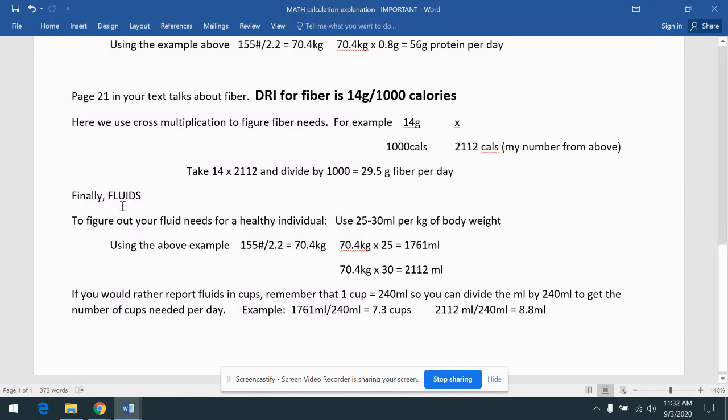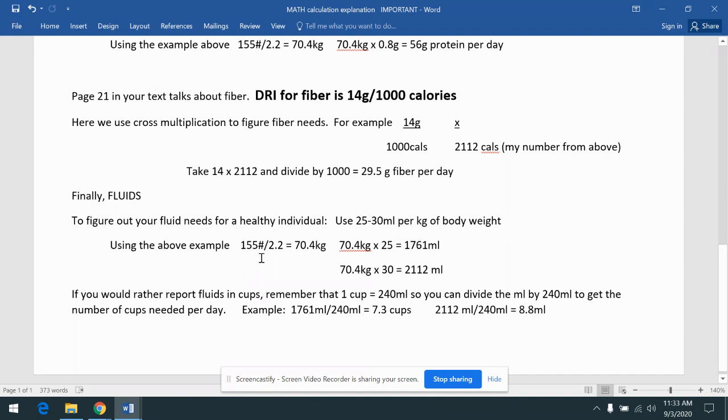The last thing we're going to do is figure out fluid needs. Now remember, all of these are for a healthy individual. These will certainly change when we get into chapters 5 and 6, medical nutrition therapy for specific conditions. But as of right now, for healthy individuals, most people need between 25 and 30 milliliters of fluid per kilogram of body weight.